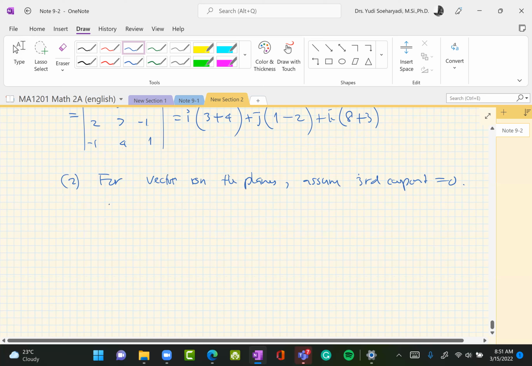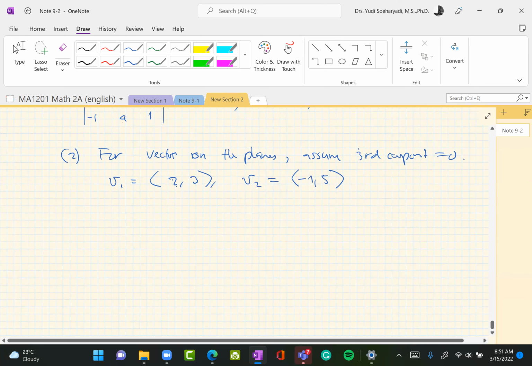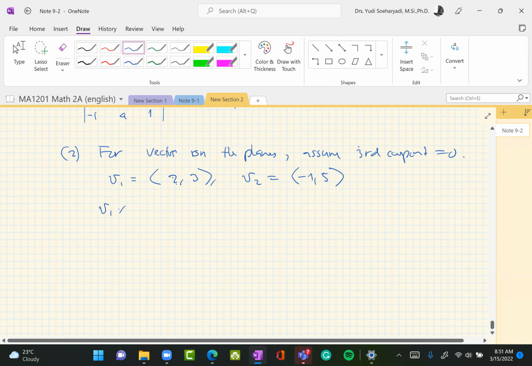So for example, if V1 is say 2, 3, and V2 is -1, 5, then V1 cross V2 is this one, 2, 3, 0 here.